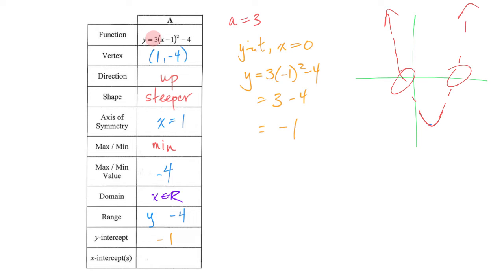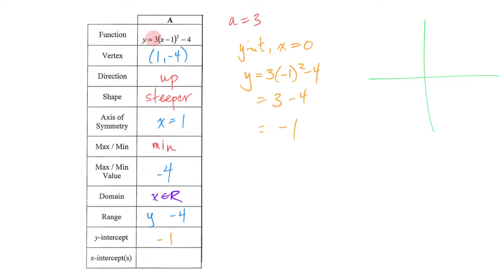Now, you might be looking at that going, well, duh, of course it was going to. And I just want you to notice one quick thing. Let's say that I had a case where my vertex was at (1, -4), but now it was opening down. Well, can we see that clearly that parabola is not going to cross the x-axis?